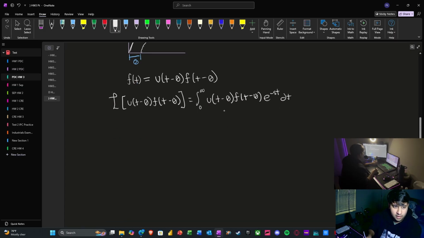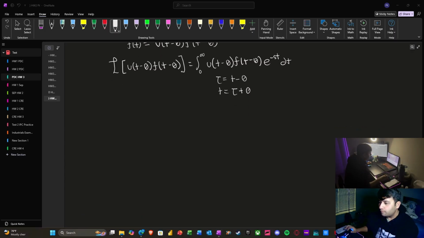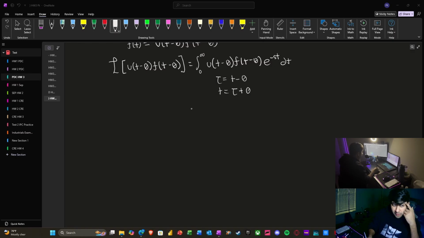However, we want to state that tau in this case is equal to t minus theta. And since we also have a t right here, we're going to substitute that for tau plus theta. Now utilizing what we found about tau, we can convert this.